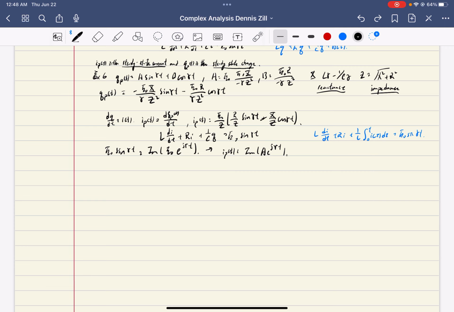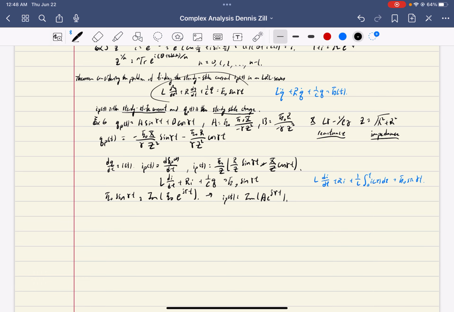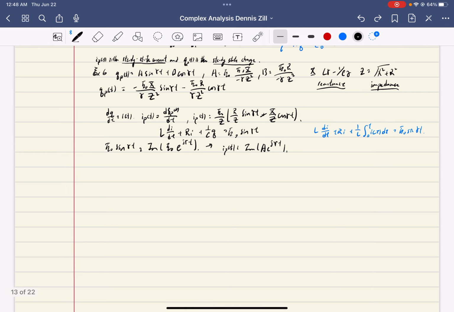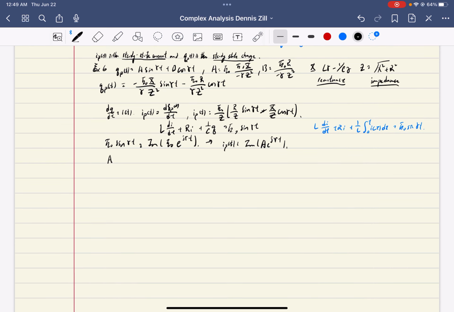solve for A, right? Now you're going to solve for this differential equation instead of this. So you have to guess again, guess what is A, guess what is B, use the variation of parameters, right? And if you work out the math, you take the derivative and you equate them together, then you get E naught over R plus j.